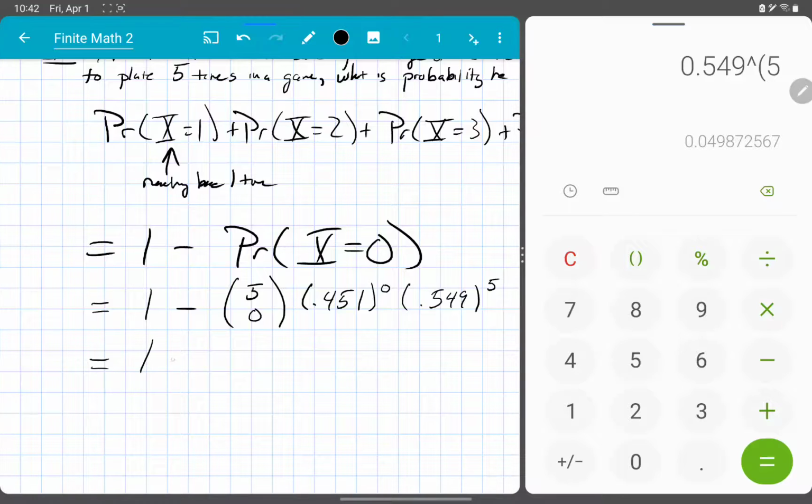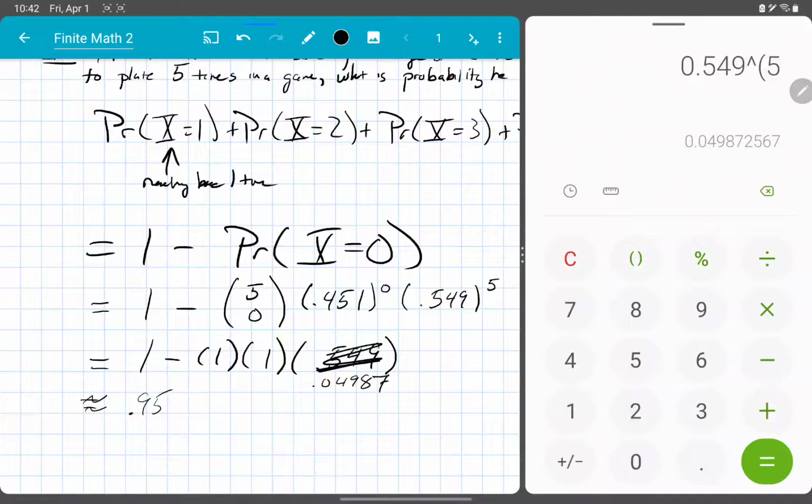How many ways can we choose 0 things from 5? That's 1. 0.451 to the 0th power is 1. This is 0.04987. So 1 minus this is about 0.95. So there's a 95% chance that this person reaches base at least once in the game.